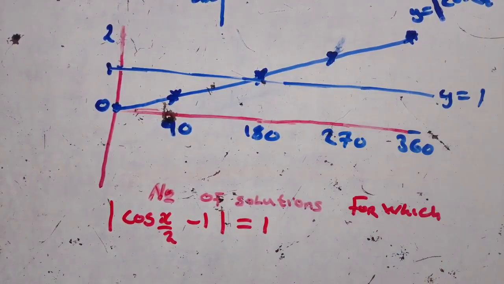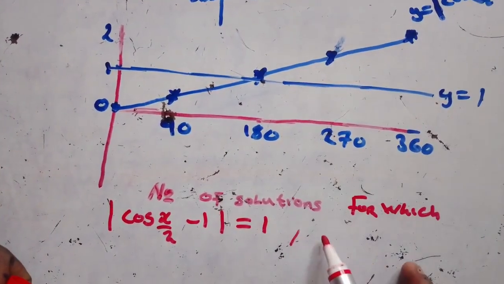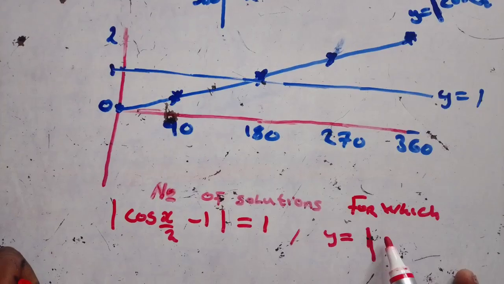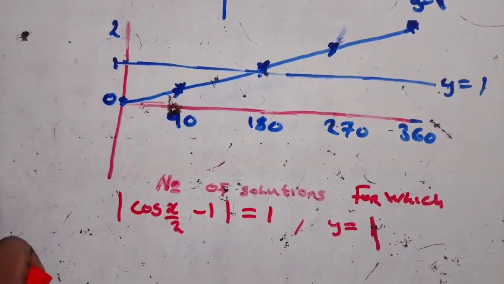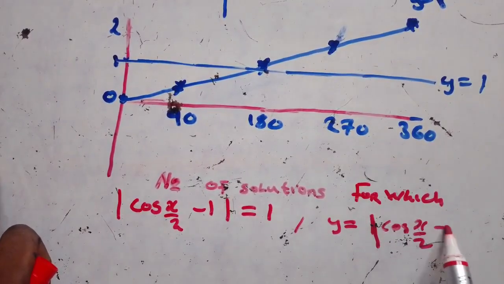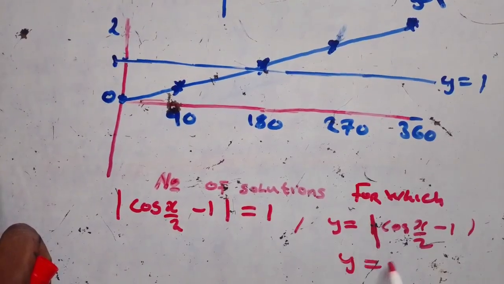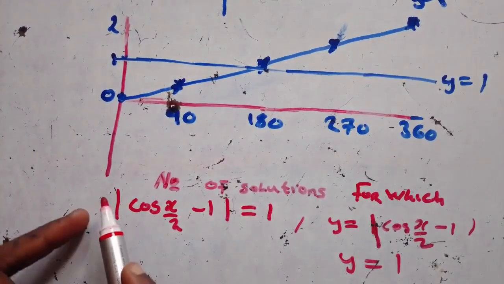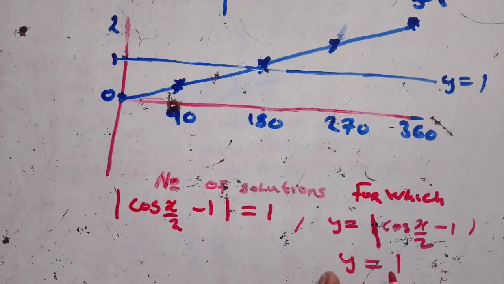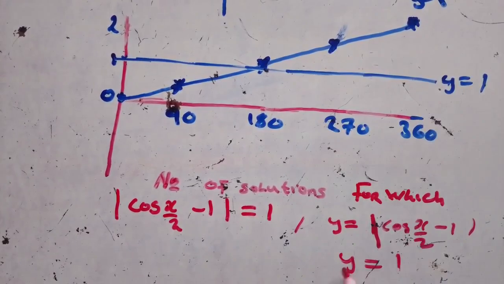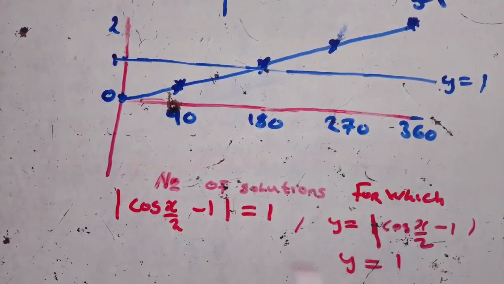First of all, we had two functions: the first is y equals the modulus of cos x over 2 minus 1, and the second is y equals 1. They have just combined these two, where there's y, they have put 1, hence we have come up with this equation.